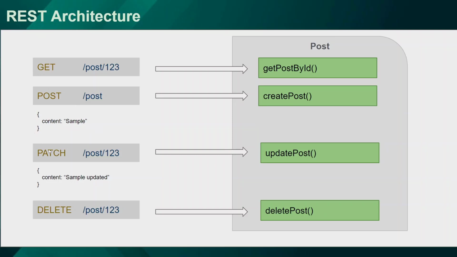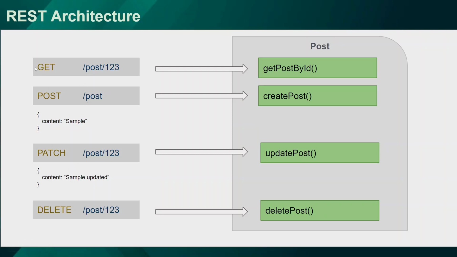Then if you want to update a specific post, we can call the patch URL. Patch is an HTTP method, and with that method, if you call this same URL again, it will update the post, but we have to send the specific content that needs to be updated as well, right?